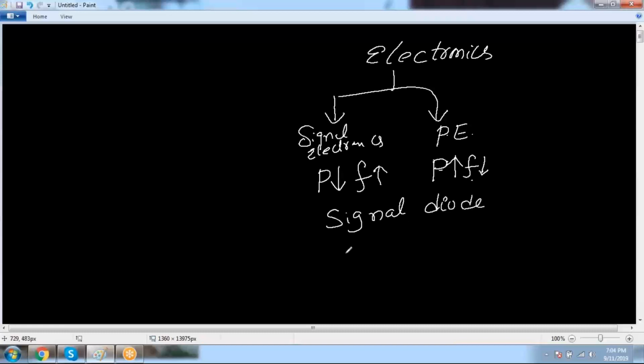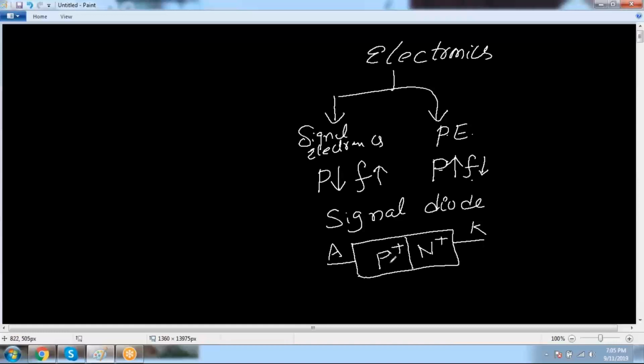What is a signal diode? You have already studied it in analog electronics. This is the anode, this is the cathode. Here it is P and here it is N. Now I'm using plus to stand for highly doped.